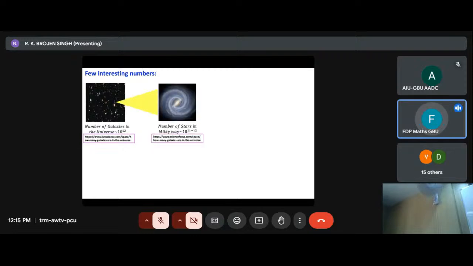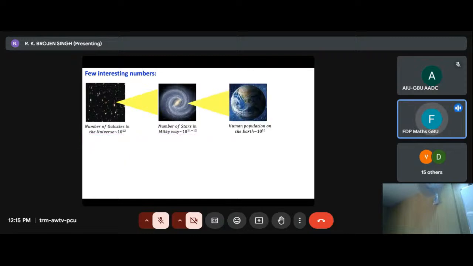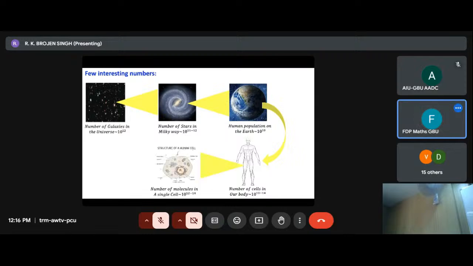If you look at galaxies, roughly 10 to 12 stars are there. And if you look at the human population in our solar system, it is roughly 10 human beings, which is 2 billion. And if you look at one human being, step down, then we have 10 to 13 to 14 cells. And if you look at one single cell, then you will have 10 to 12 to 14 biological molecules.